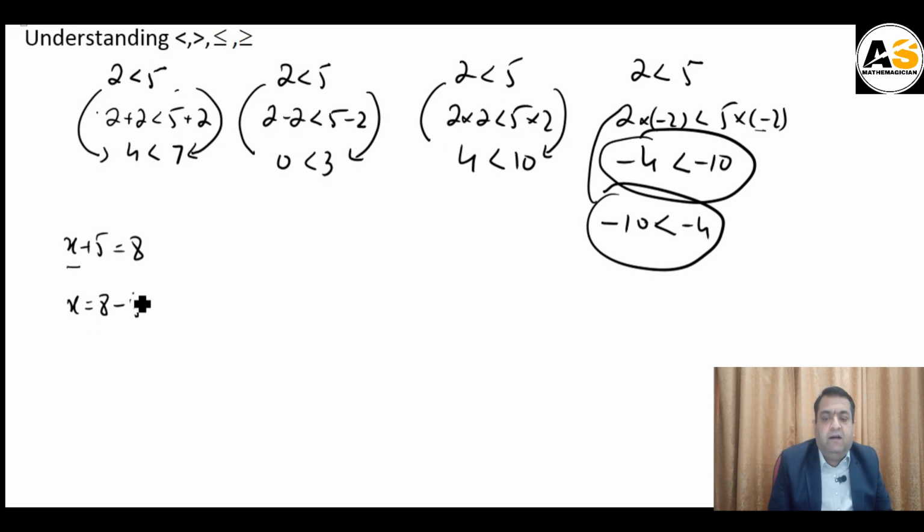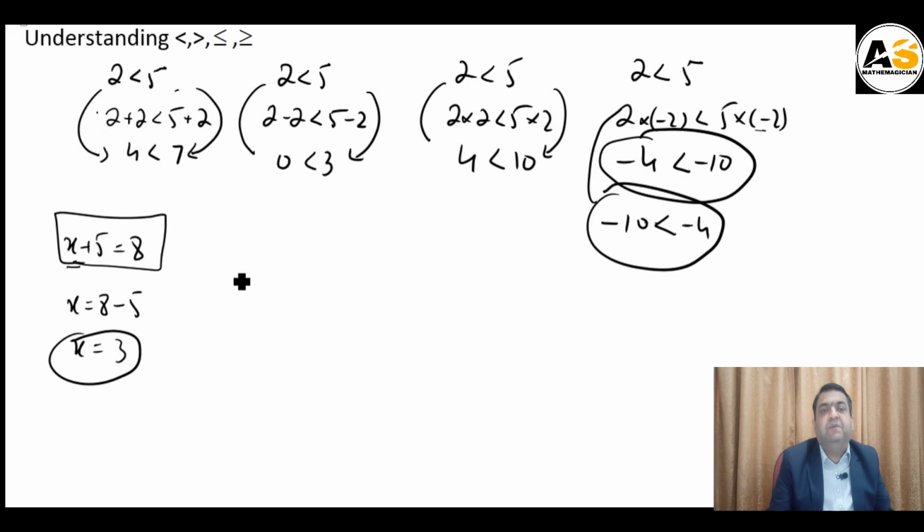We have already learned in previous classes x is equal to 8 minus 5, so x is equal to 3. It gives us a value which satisfies this equation. When we put this value in this equation, both sides become equal.